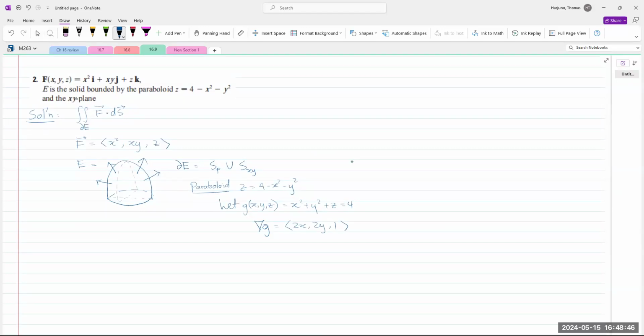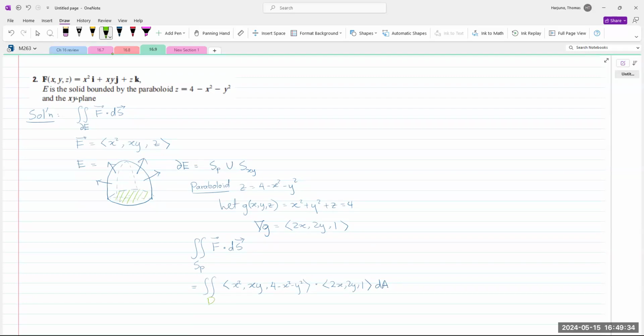Okay, so the double integral over the surface of that paraboloid of F dot dS will be the double integral of F, which is x squared, xy, and z, which is 4 minus x squared minus y squared, dot 2x, 2y, 1 dA, where dA, the projection of that paraboloid to the ground, will give us this disk here.